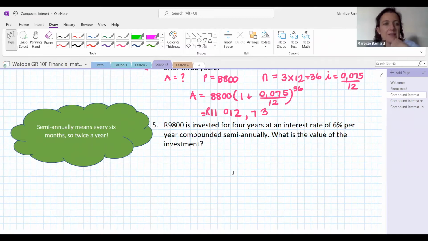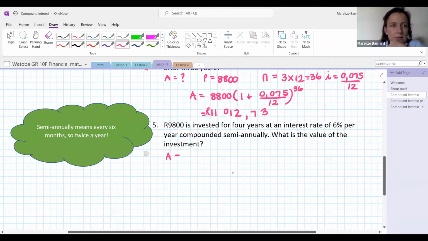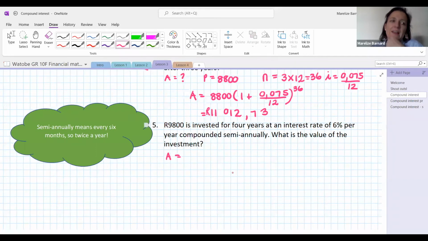Put it in the chat if you know. Not 4 times, think again. 2, that's right. Twice a year. Good stuff. Okay, so let's write down our formula and let's do our variables.